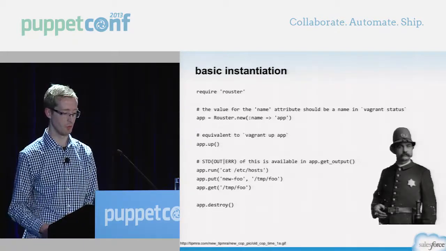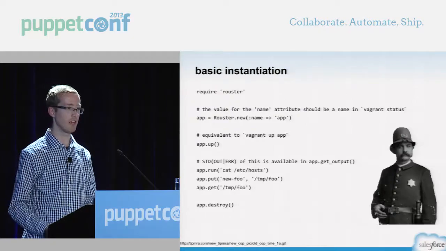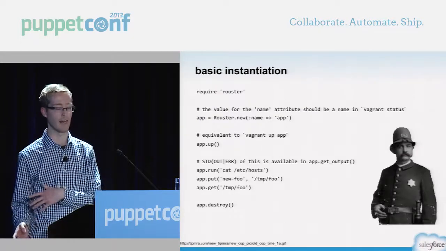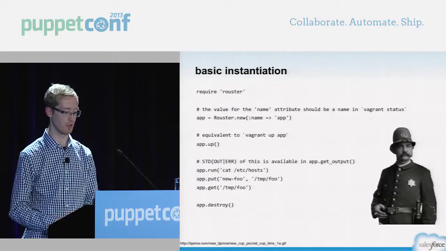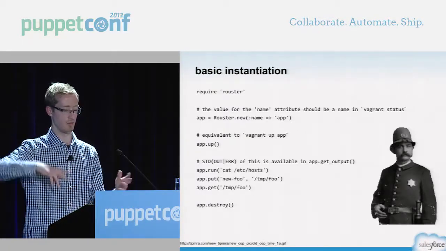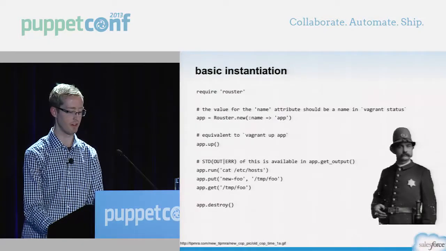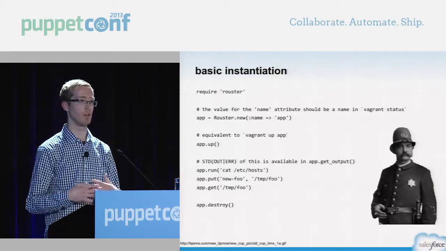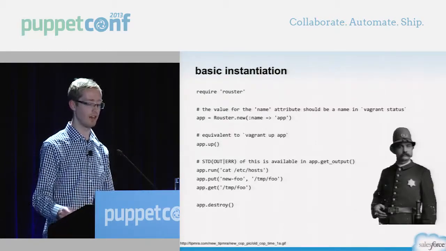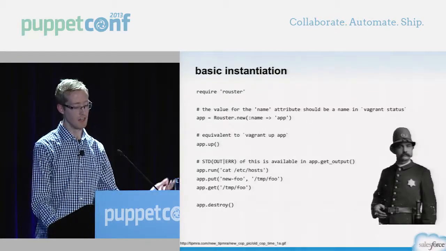It also gives you the ability to put files inside your virtual machines and then pull them back out. So really quickly, we just cat etc host, we can upload a file, and then we can get that file back, tear the machine down. So we'll talk more about some more advanced uses of Vagrant, Rouster.